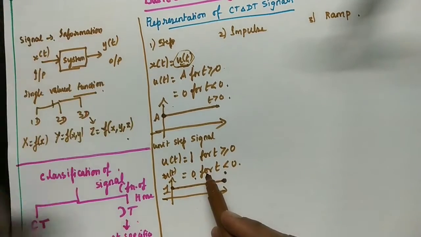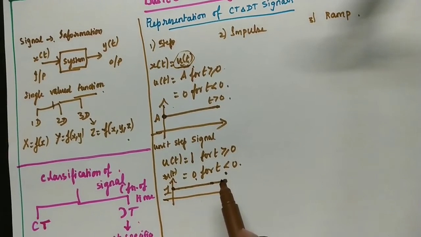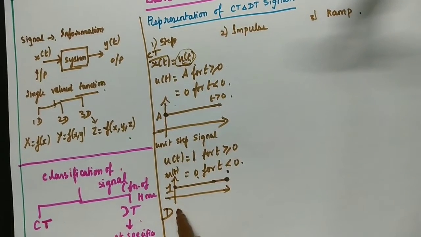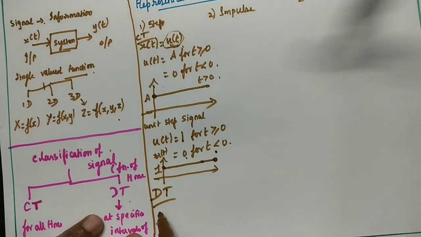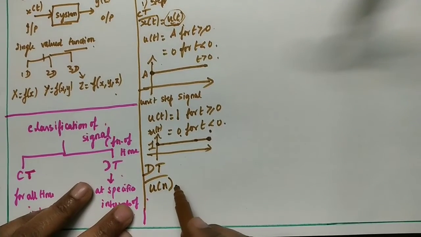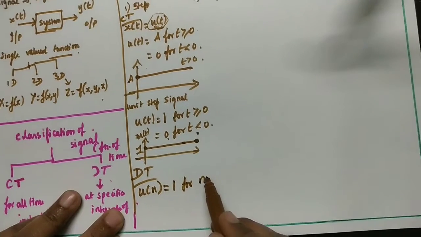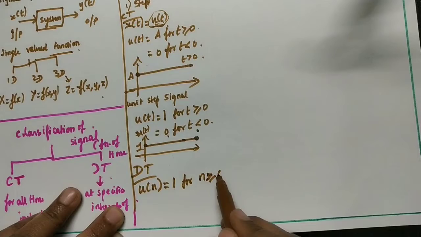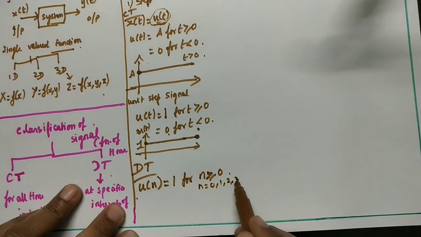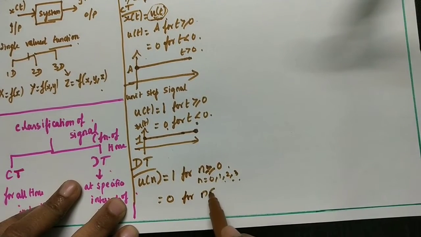This is a continuous time signal. If it is defined at specific intervals of time, it is a DT signal, and we can represent this sequence as u of n, the unit step sequence, which equals 1 for n greater than or equal to 0, that is n equal to 0, 1, 2 and so on, and 0 for n less than 0.